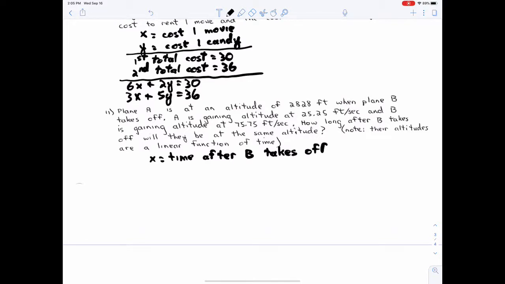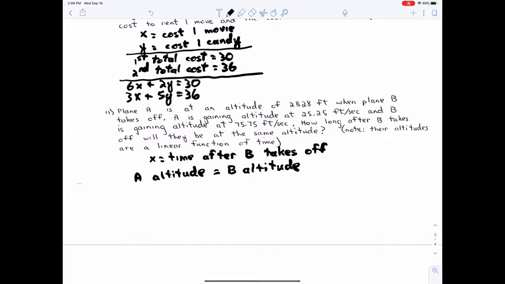Okay, so this is about plane A and plane B. What do you know? You're at the same altitude. All these other things are about individually A or B. So A altitude equals B altitude. Okay, well, how do you find the altitude they're at?